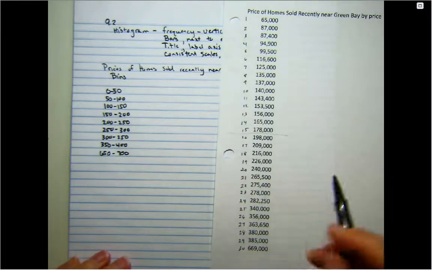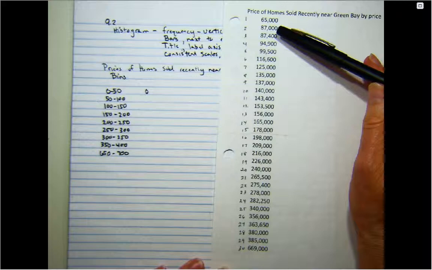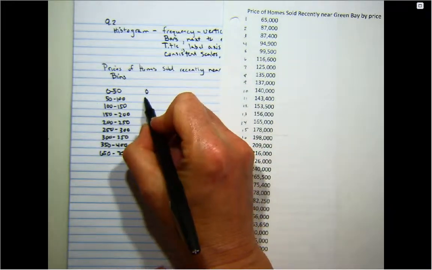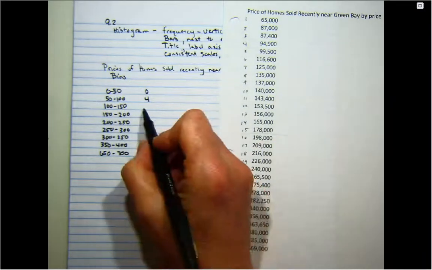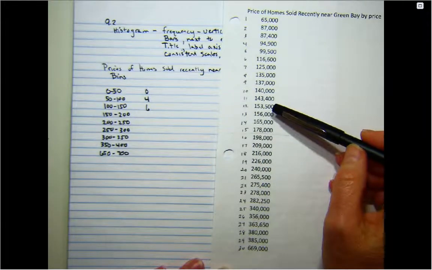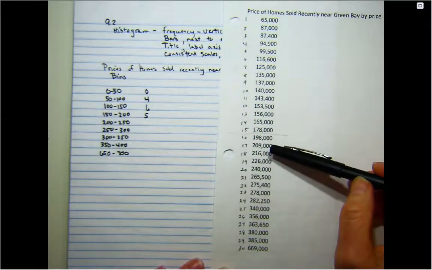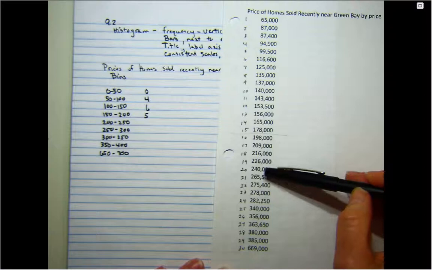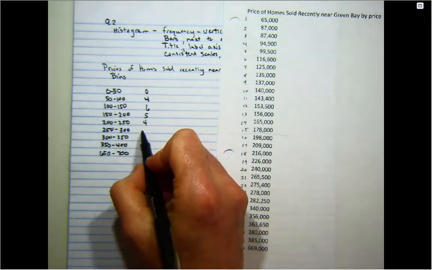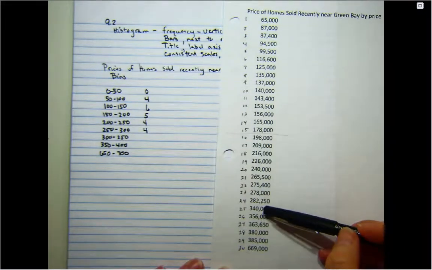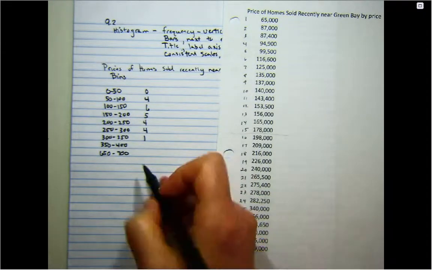So let's see. Now we count how many houses fall in these categories. So 0 to 50, none. 50 to 100, 1, 2, 3, 4. 100 to 150, 6. 150 to 200, 5. 200 to 250, 4. 250 to 300, 4. 300 to 350, just 1. 350 to 400, 3.